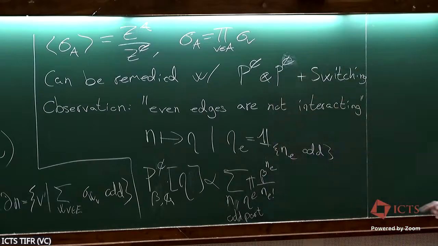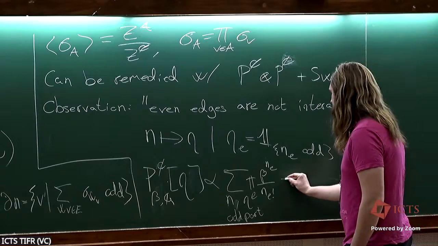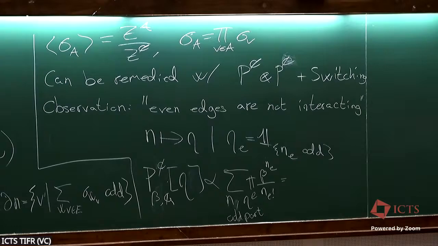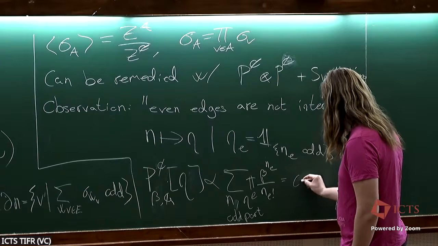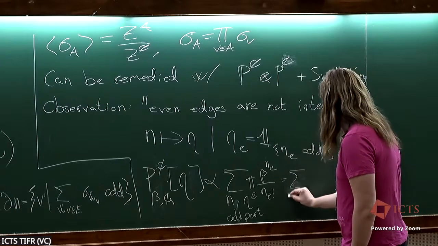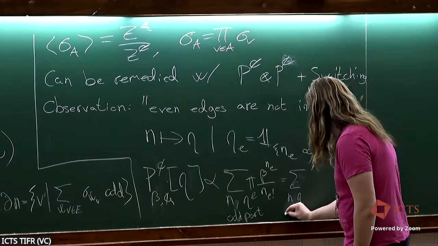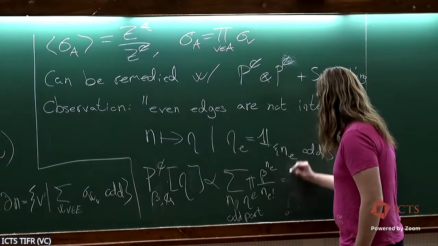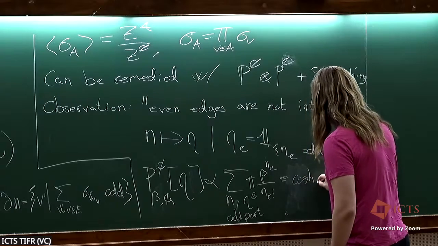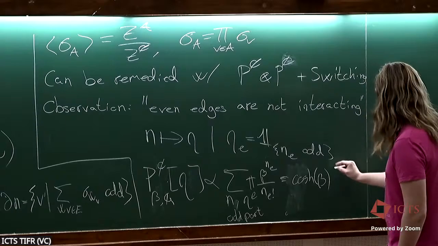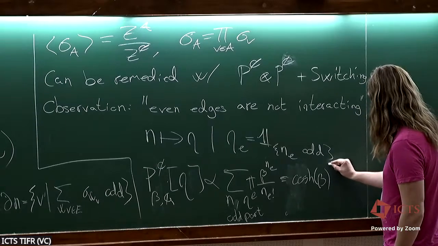But now I can lose the indicator. Simply informing you that eta is the odd part of n already tells me that the indicator is satisfied. And then, what are the constraints? The only constraint is choosing the odd and the even numbers. If you do a quick calculation, this becomes a sum over n, eta is the odd part, cosh beta to the number of edges in the complement.